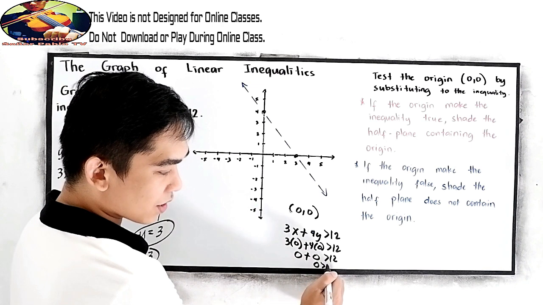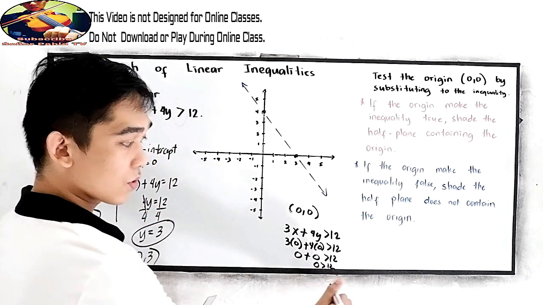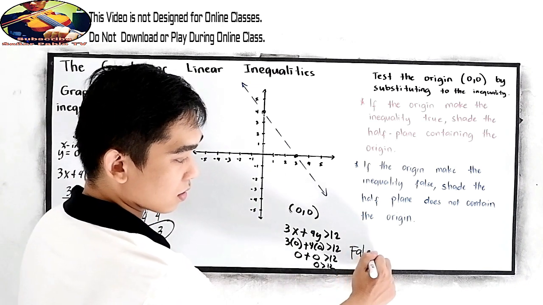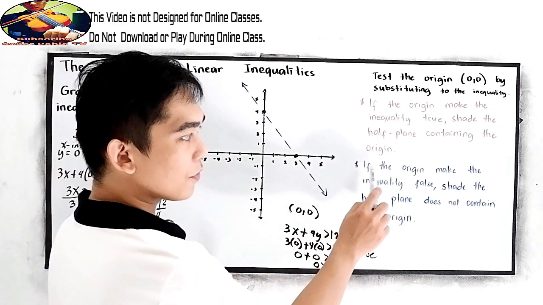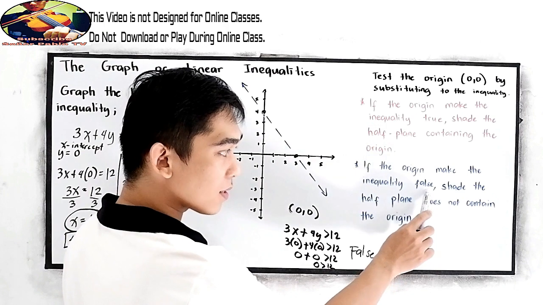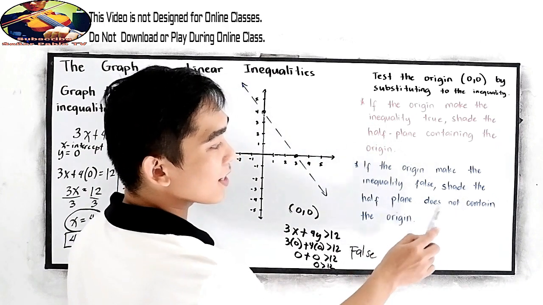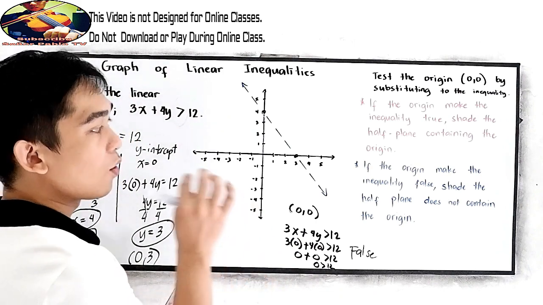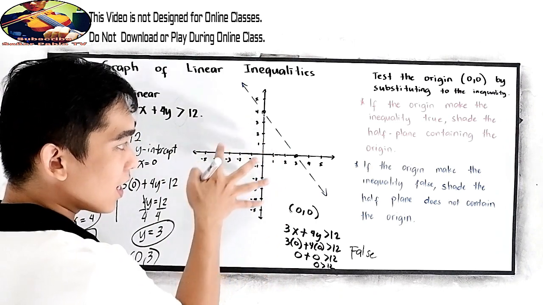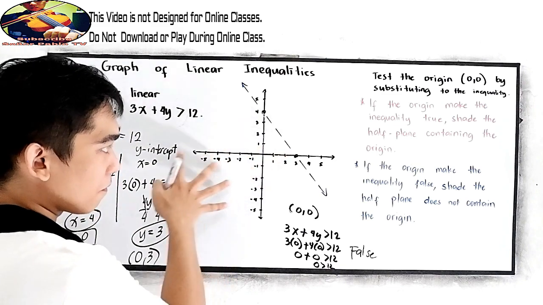Is 0 greater than 12? So this is false. Okay, false. Since false, if the origin makes the inequality false, shade the half plane that does not contain the origin. So we are going to shade, we will not include the origin, this part.